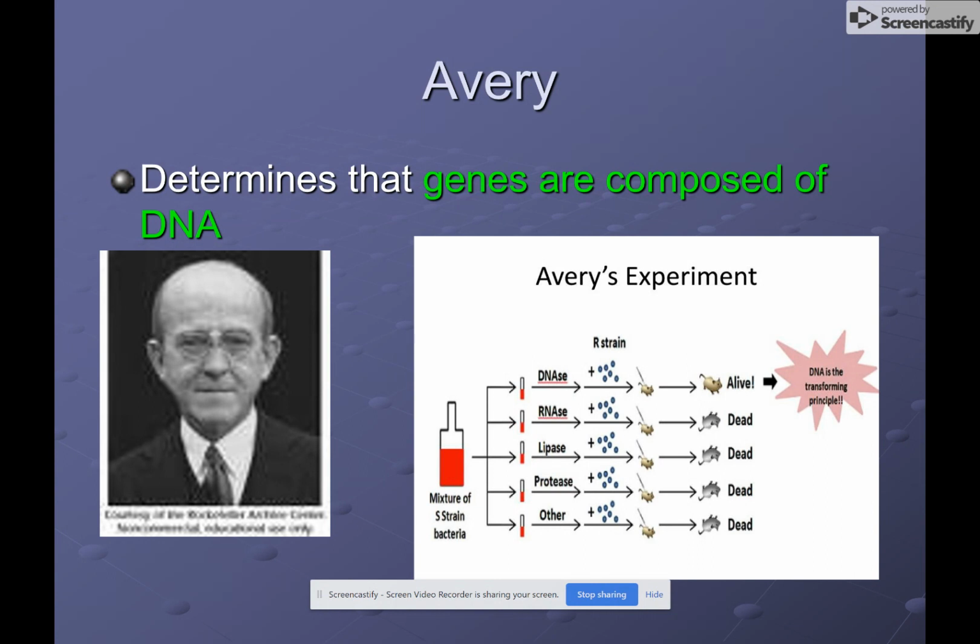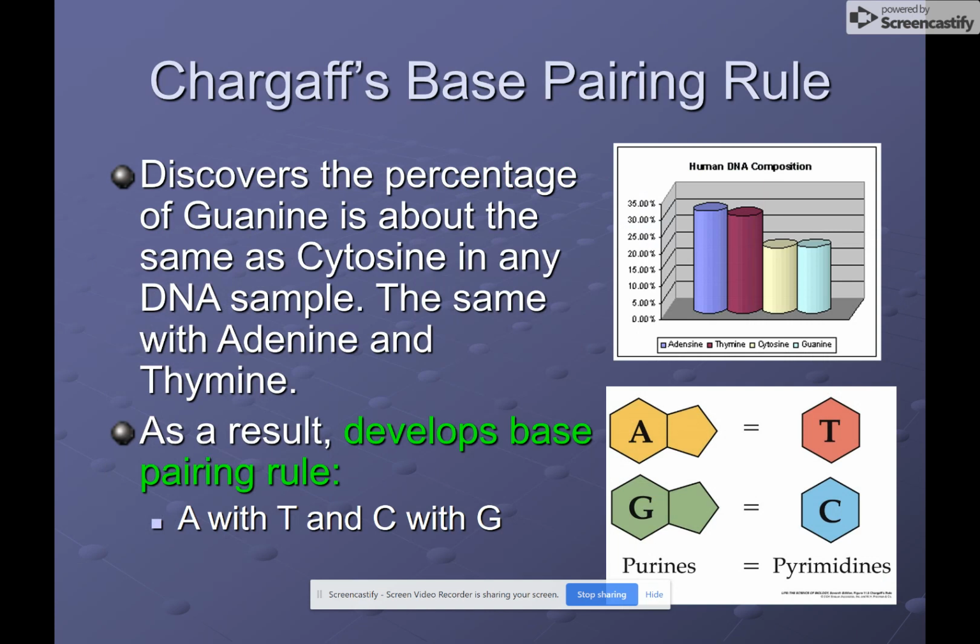The only time the mouse didn't die is when he removed DNA. And so basically he concluded that DNA was the stuff, was this factor or transforming principle. That was later confirmed with Hershey and Chase and what they did with those radioactive viruses.